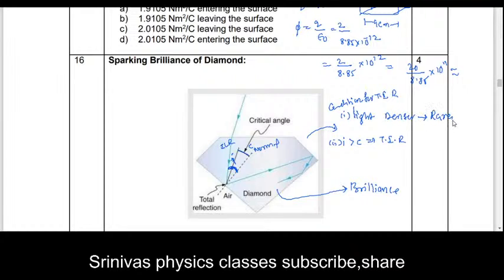If the angle of incidence is greater than the critical angle, then total internal reflection occurs. You see here, I is this one, C is this one, and C is small. I greater than C means total internal reflection occurs and light comes back into the same medium. Here light is trying to move from the prism to outside, that means from denser to rarer, so it undergoes total internal reflection.